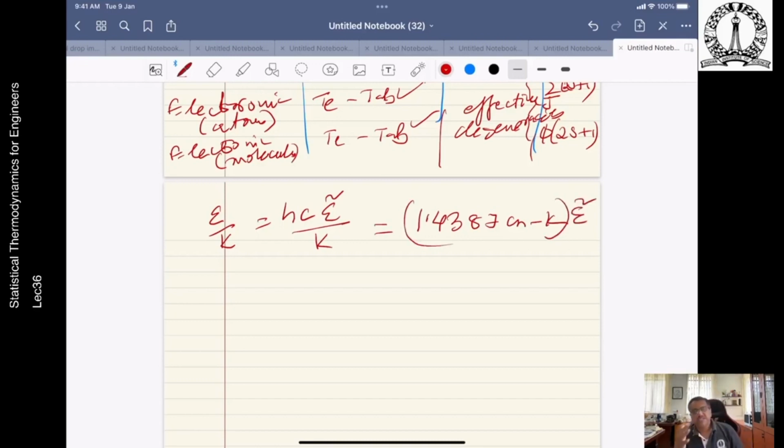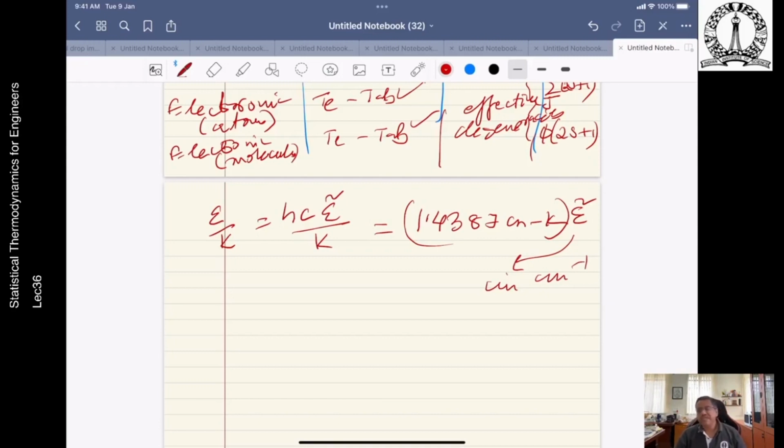Here h is the Planck's constant, k is the Boltzmann constant, and this is the energy in centimeter inverse. So this gives you energy in terms of Kelvin, in terms of temperature. That is useful in calculating the thermodynamic properties.